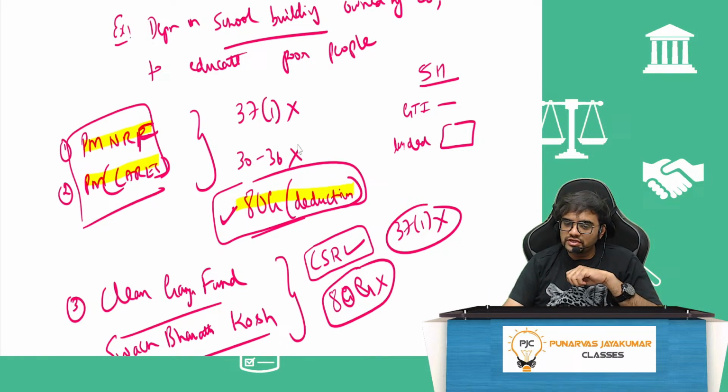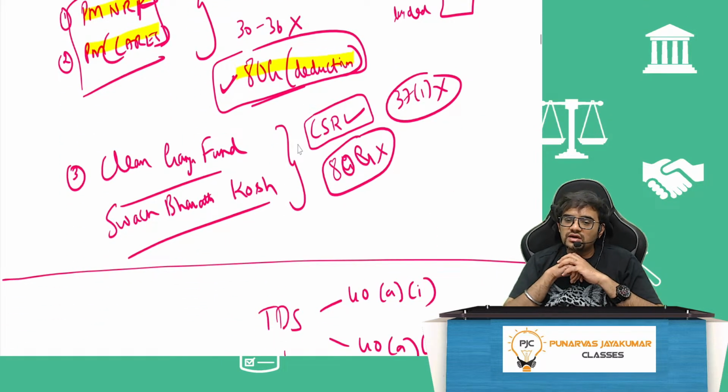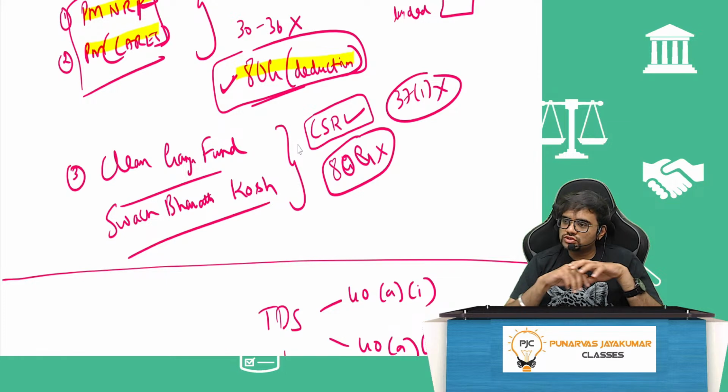But two other funds you need to remember the name, Clean Ganga Fund and the Swachh Bharat Kosh. Clean Ganga Fund and the Swachh Bharat Kosh is not allowed under 37, and not allowed under 80G also.